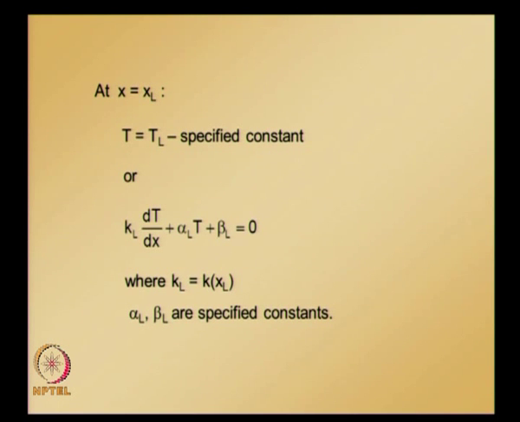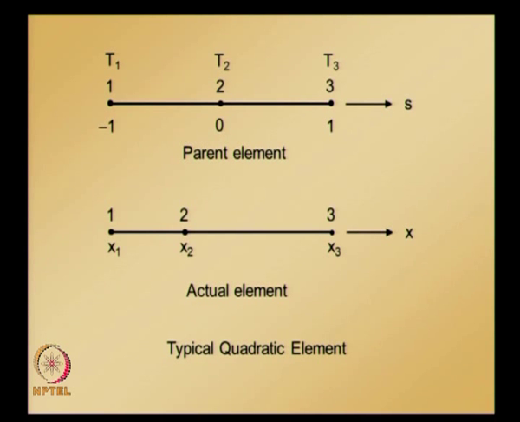Now let us look at a typical quadratic element. Both the parent element and the actual element are shown. In the parent element, node 1 is placed at s is equal to minus 1, node 2 is placed at s is equal to 0, node 3 is placed at s is equal to 1, whereas in the actual element x1, x2 and x3 are the coordinates of nodes 1, 2, 3.